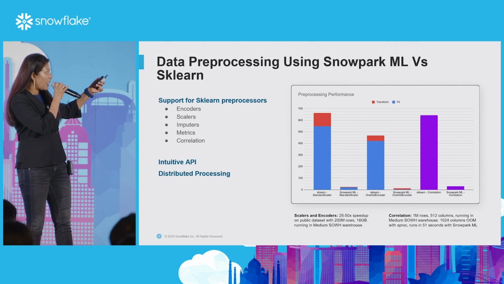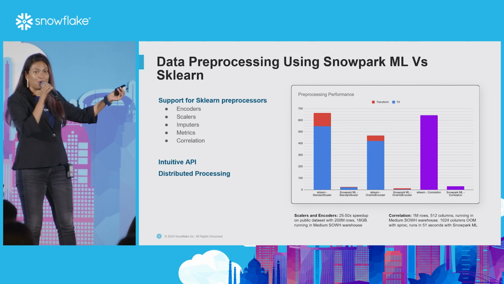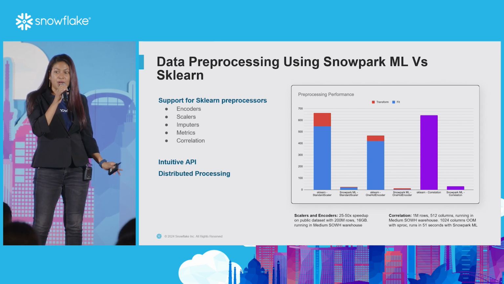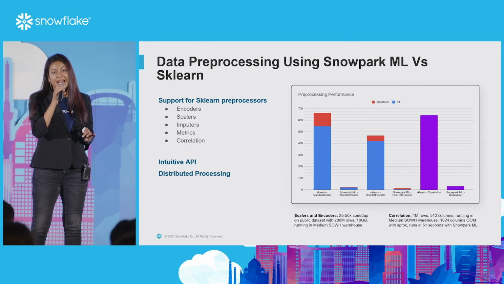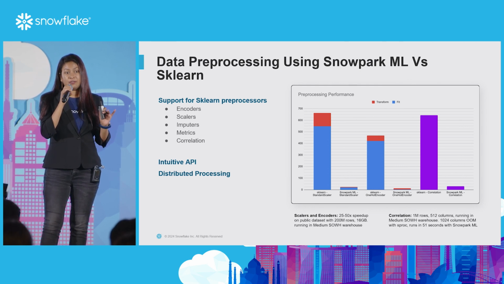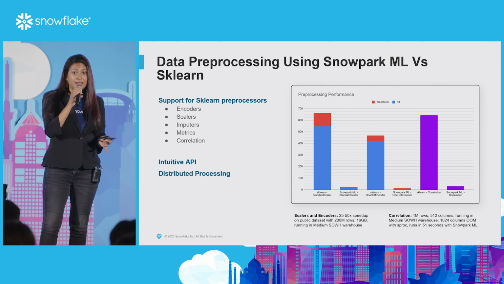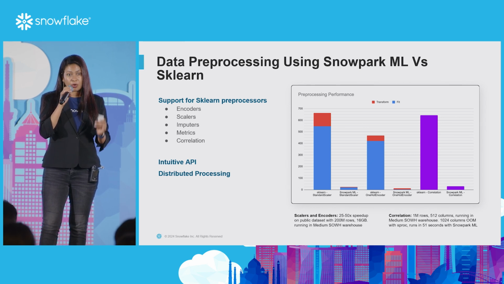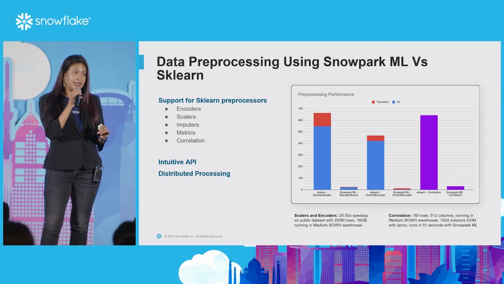On the first bar graph, unfortunately I don't have a pointer, so it's on the first one. We are running a standard scaler operation, which is a computationally expensive operation, on a 200 million row data set, and it is run inside Snowflake with both Snowpark ML as well as scikit-learn.